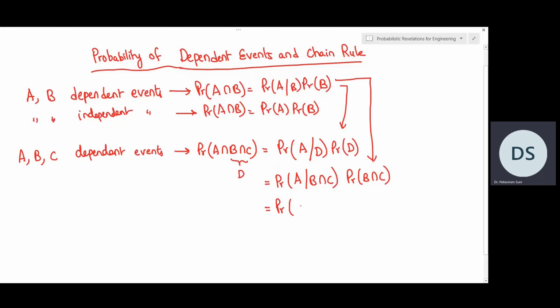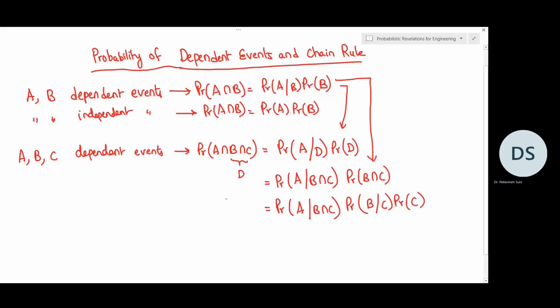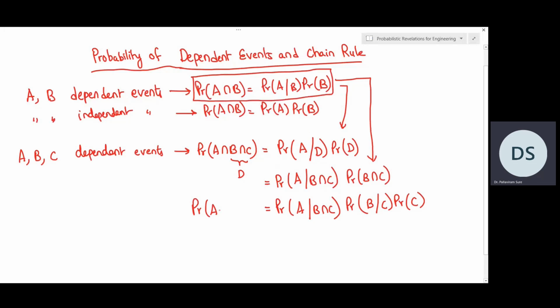So this becomes probability of A given B intersection C multiplied by probability of B given C multiplied by probability of C. So that means using the dependent event probability, that is this particular box equation here, twice, we could write the joint probability of three different dependent events. So this is called as a chain rule.